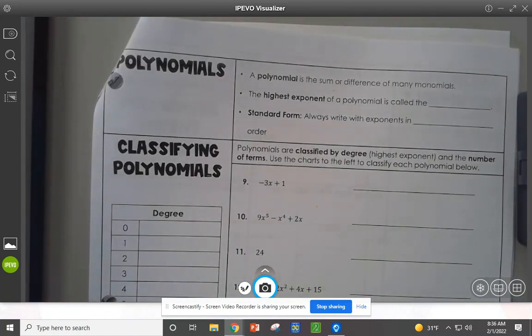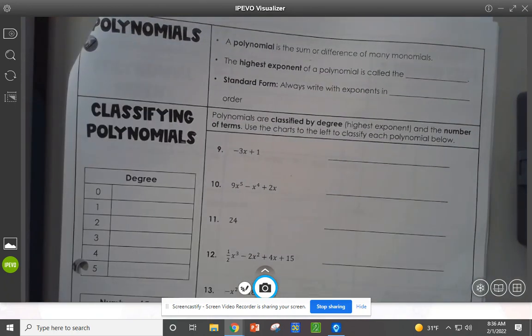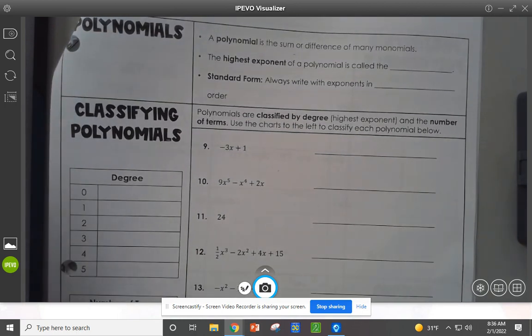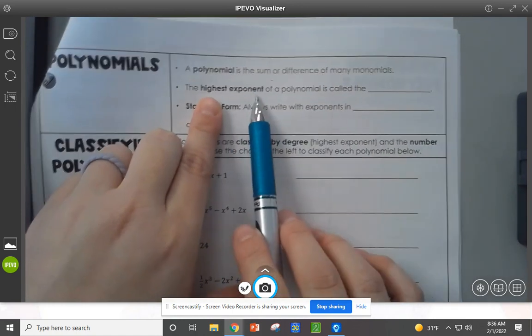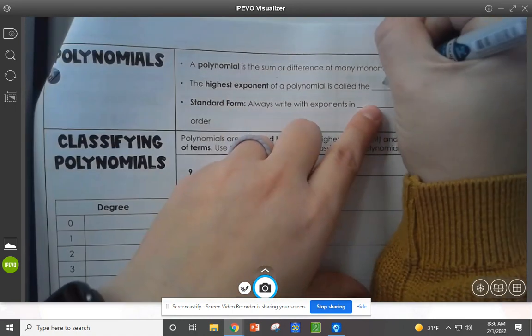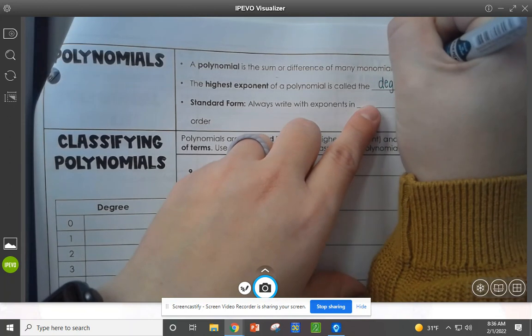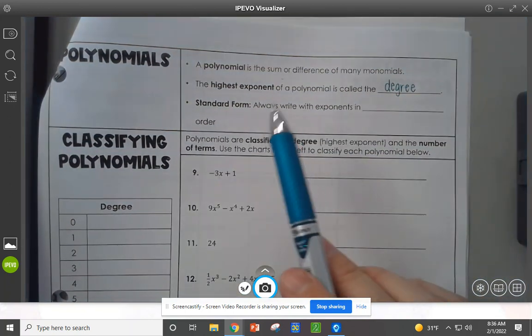Now, a polynomial is when we have multiple monomials and we add and subtract them. So it's just like there's pluses and minuses throughout. Within a polynomial, the highest exponent, so the largest number exponent, is what we call the degree.